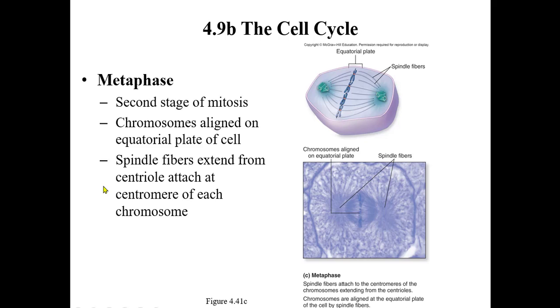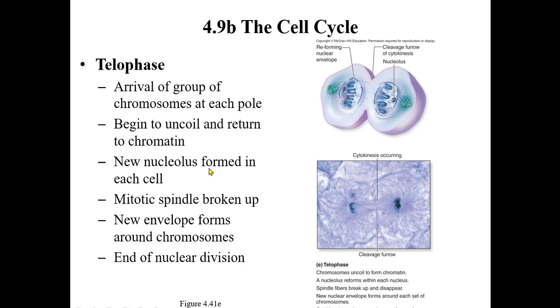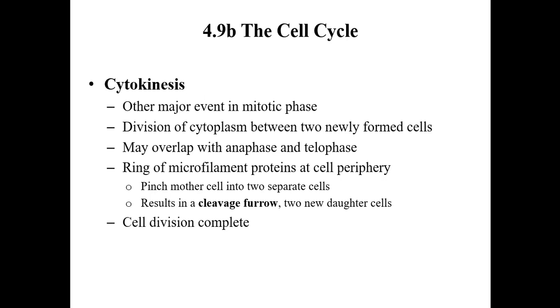Then there's metaphase, picture, and the flashcard. Anaphase, picture, flashcard. Telophase, picture, flashcard information. So make sure you make flashcards for the cell cycle. There's cytokinesis, also mentioned here. That's important.